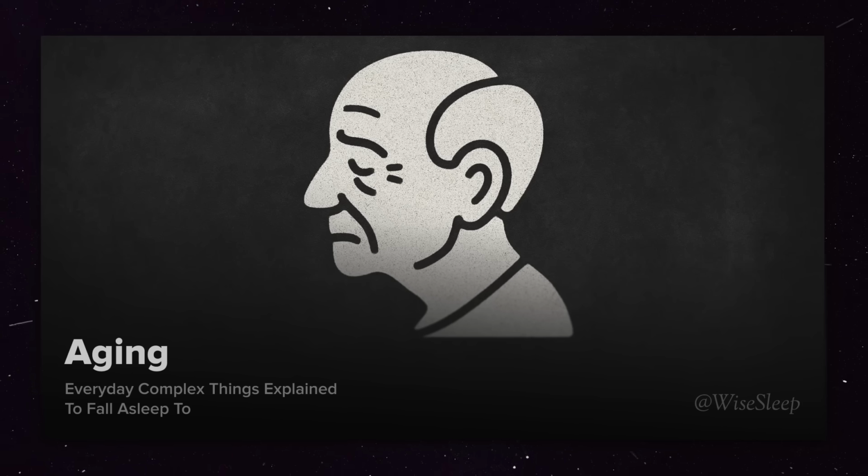Internally, your muscles lose mass, bones become less dense, and organs may not perform as sharply as they once did. Your immune system also weakens, and the brain's processing speed can slow. These shifts don't happen all at once, but they form a slow, ongoing pattern that everyone experiences.